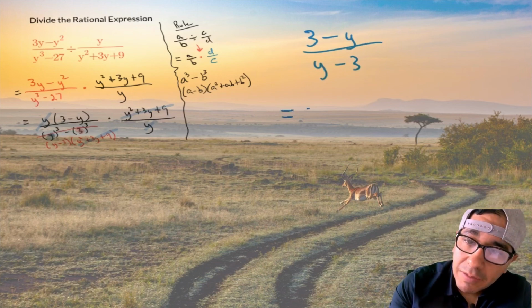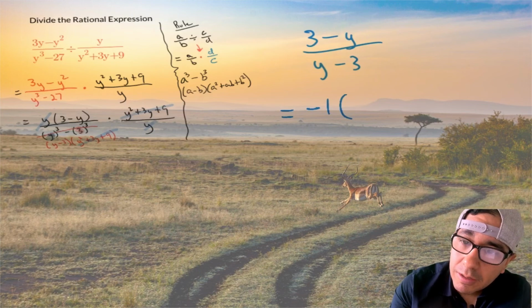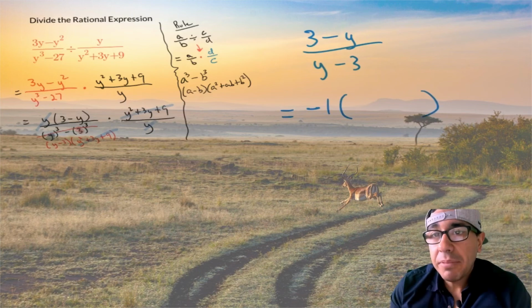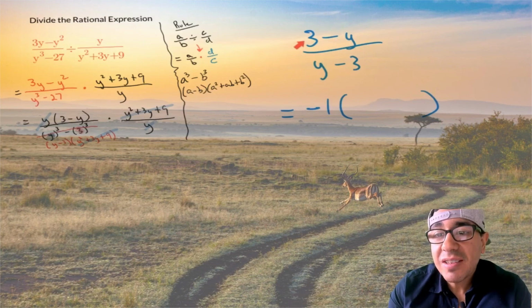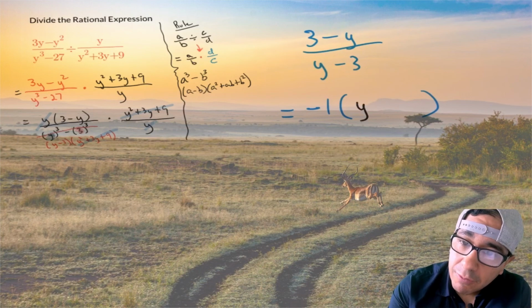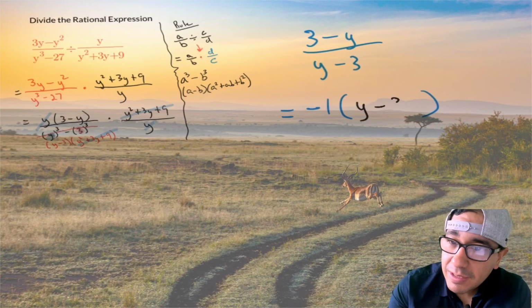So I'm going to factor out the negative 1. And remember, when we factor out the negative 1, what's happening is you're changing the signs. You're changing these signs. So that y is going to now become positive, and this 3 is now going to become negative. So let's go ahead and do that. So this is what we end up with.